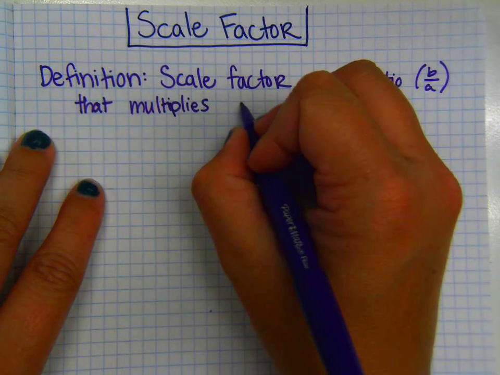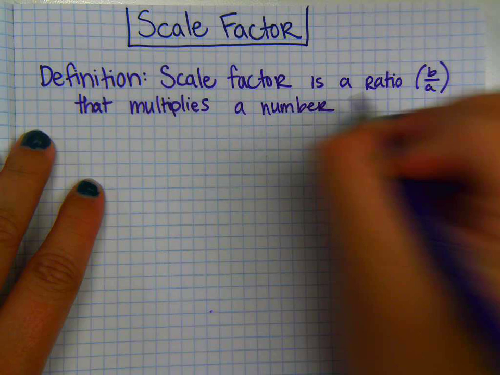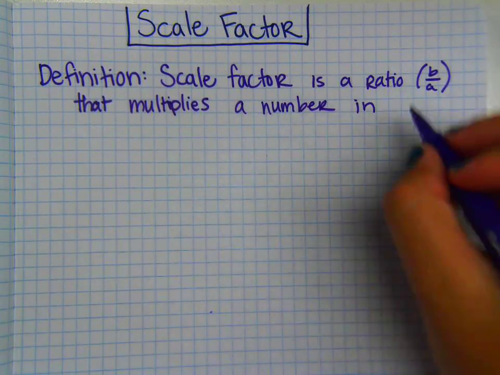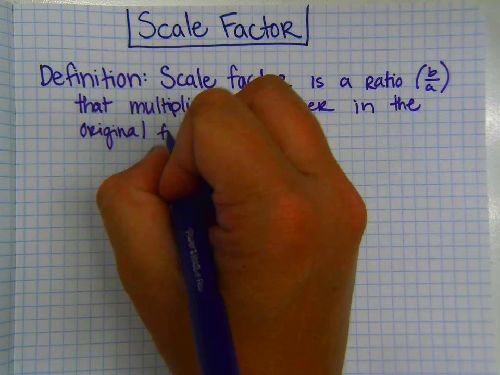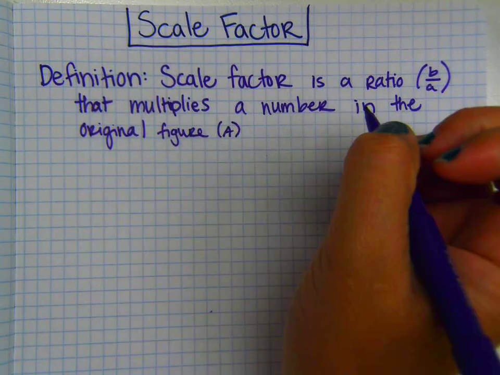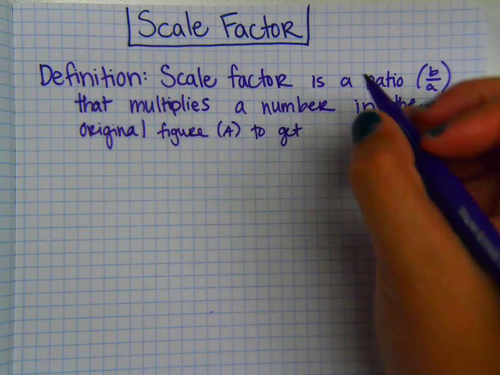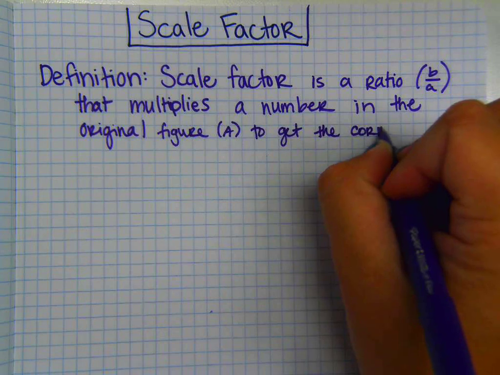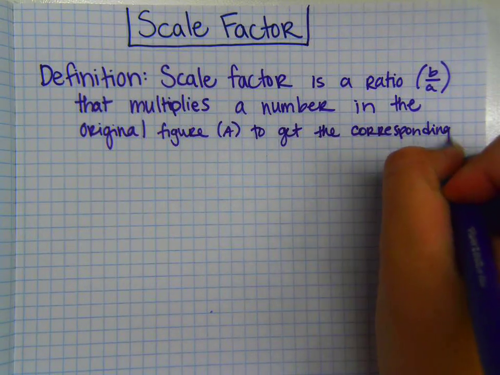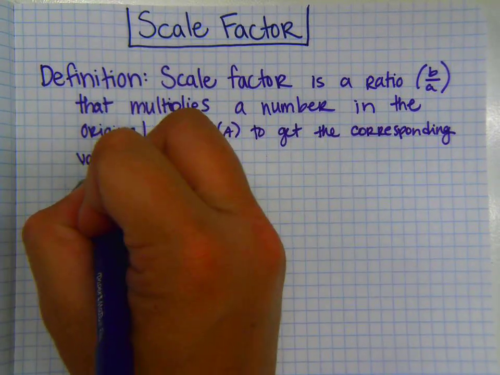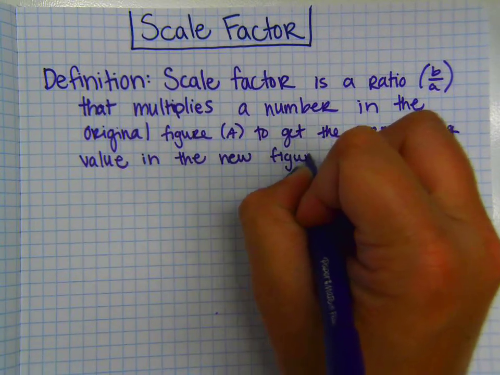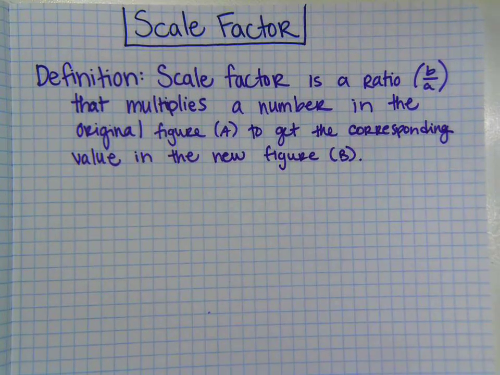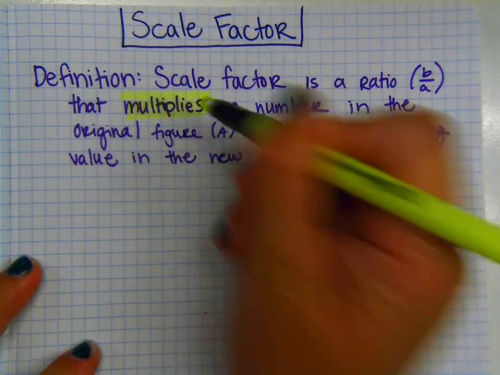That multiplies a number in the original figure, we'll call it A, to get the corresponding value in the new figure, which is B. Okay, and an important word in this definition is multiplies, because we will be multiplying right now at all times.